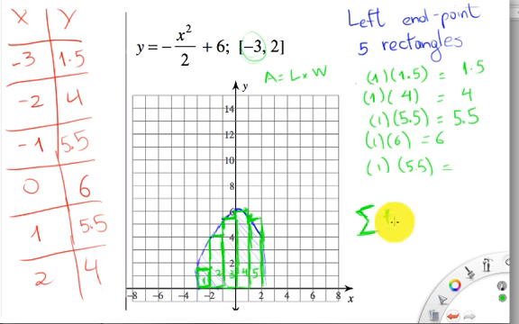Of all my f of x's times the width. I'm going to call this the width for now. I'll give it the proper name later, but all my function values times all my widths gave me what? 11 plus 10 is 21, is 22.5.